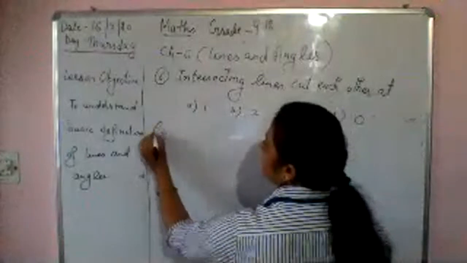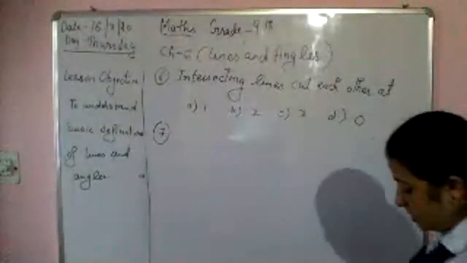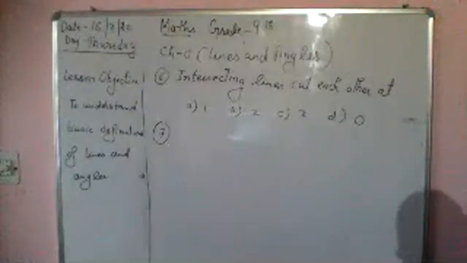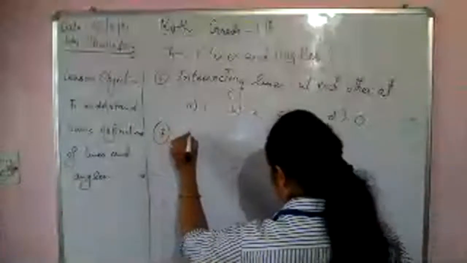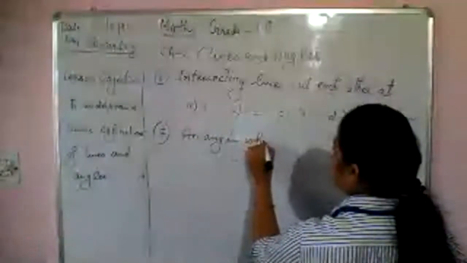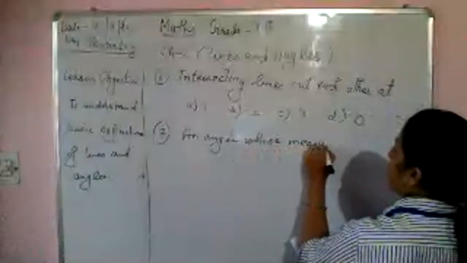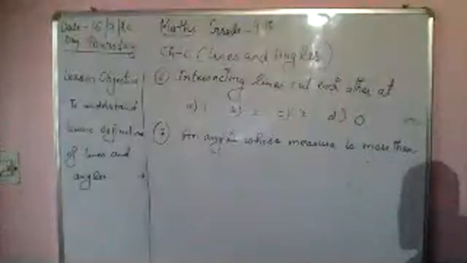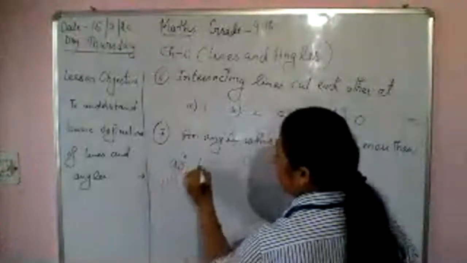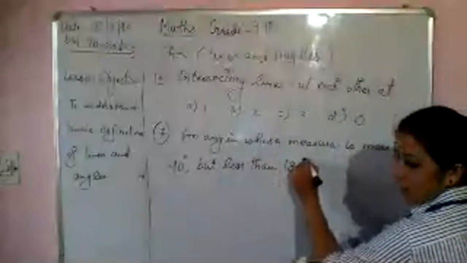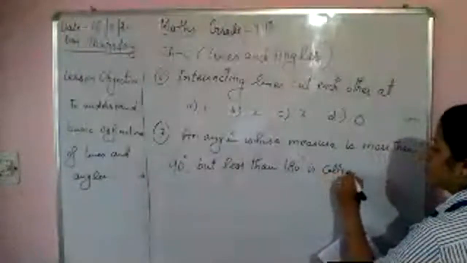Seventh question. An angle whose measurement is more than 90 degree but less than 180 degree is called dash angle.